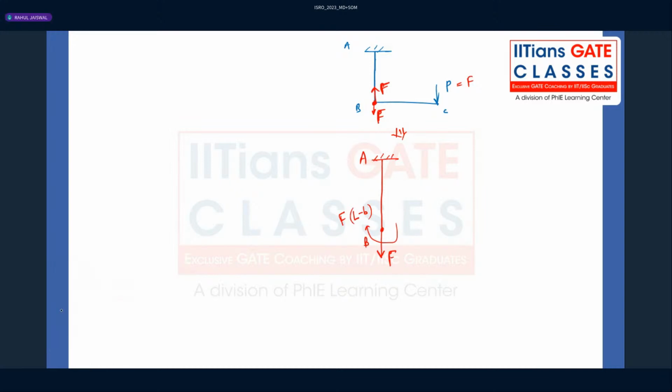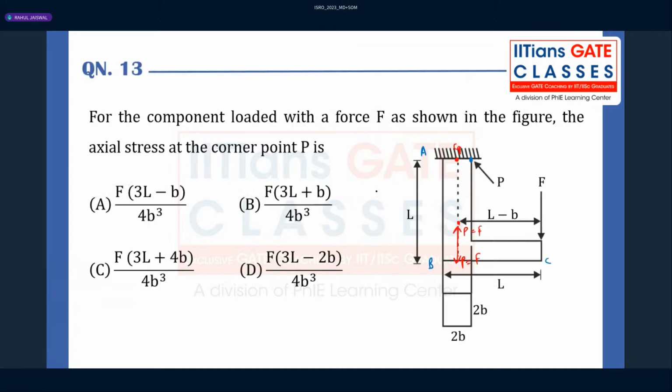Now it's a very simple task to calculate the axial stress at a particular point P on the top. See here, when you look at this fiber, AB will be subjected to a hogging bending moment. Because of that, it will bend like this. So the upper fiber is subjected to a tensile load, and the bottom fiber will be subjected to compressive load.